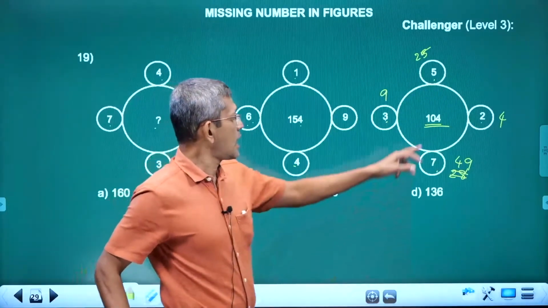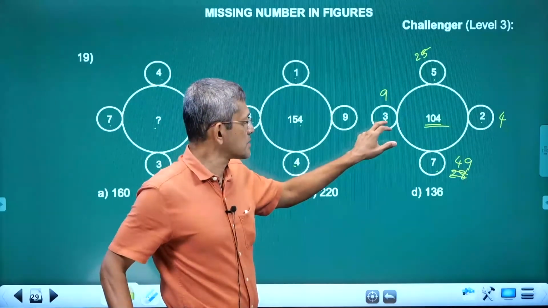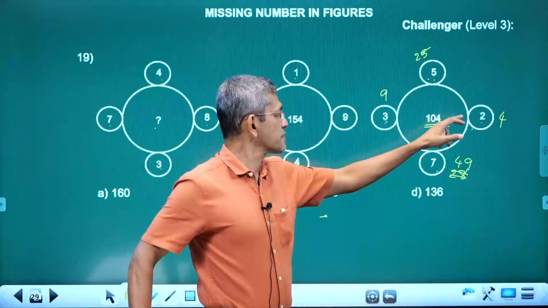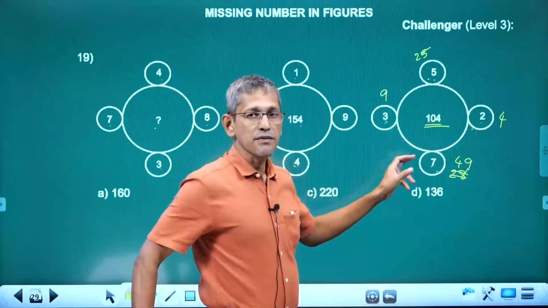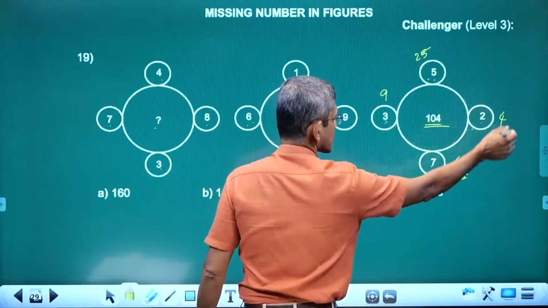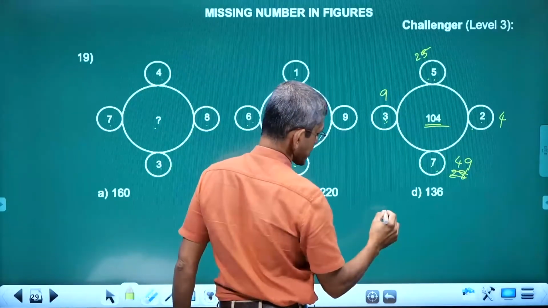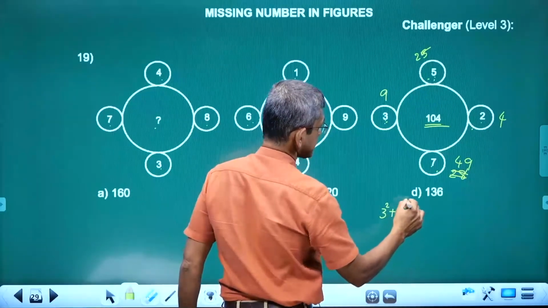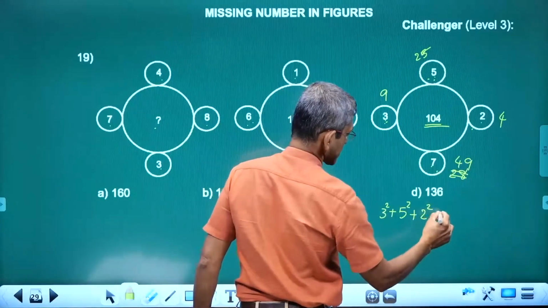See that? If you just add the numbers 3, 5, 2 and 7, 7 plus 3 is 10 and 5 plus 2 is 7. So that is 17. So you have to add the squares of these numbers, that means 3 square, 5 square, 2 square and 7 square.